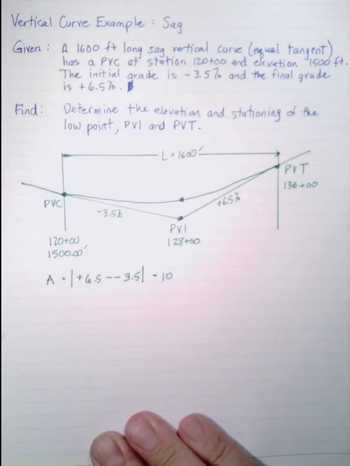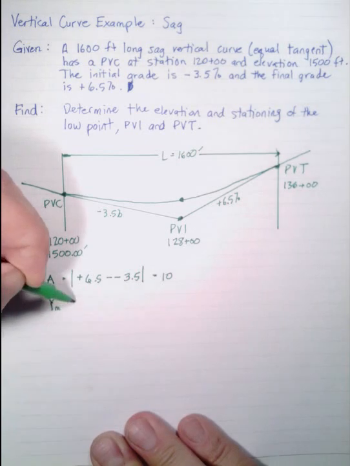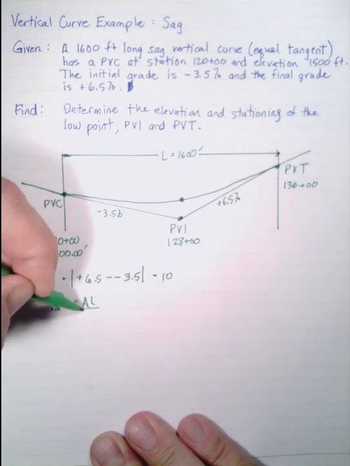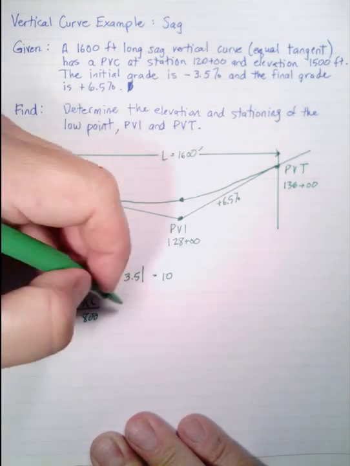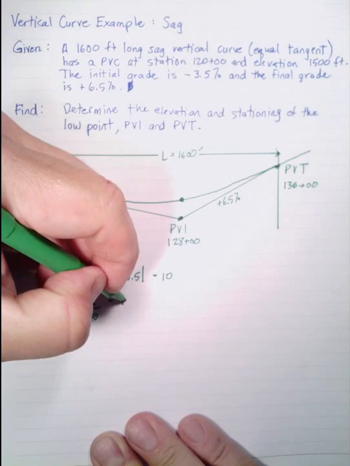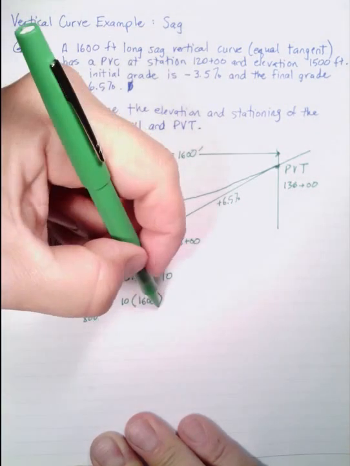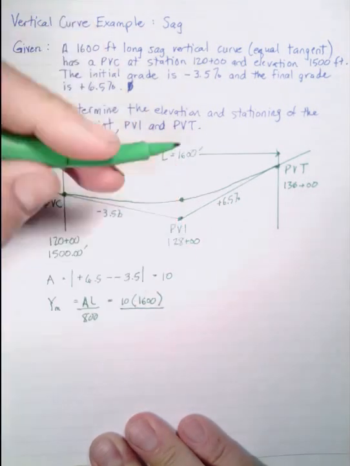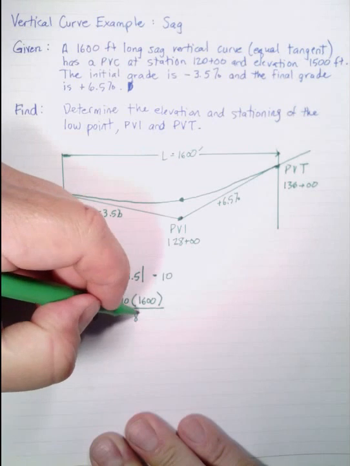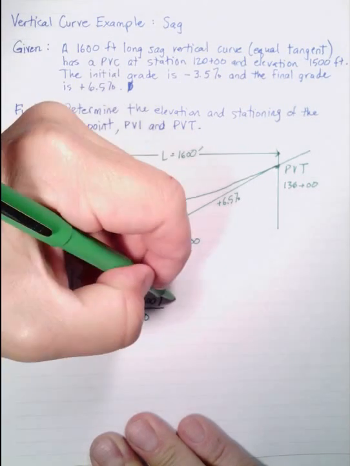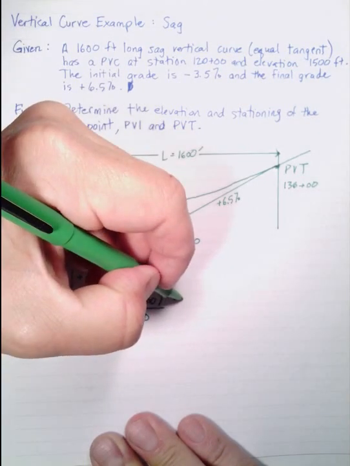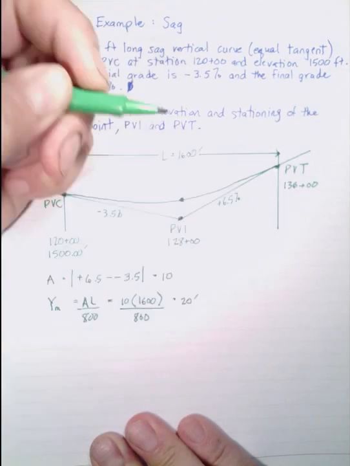And we can calculate the offset at the middle of the vertical curve, and we have the formula y sub m is AL over 800. So A is 10, L is 1,600. So remember that the value of A is expressed as an integer here. And so the offset at the middle of the vertical curve is 20 feet.